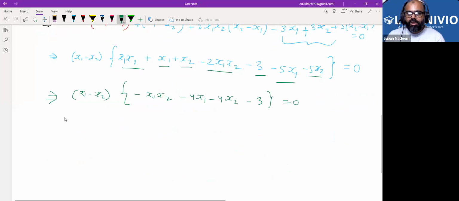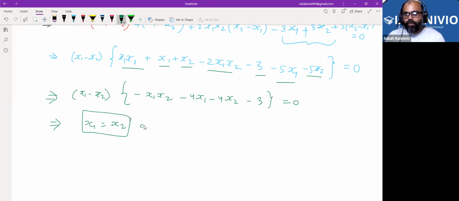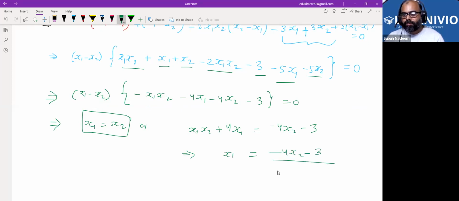Now from here we are getting x1 minus x2 equal to 0, so x1 is equal to x2. And from another one, x1 x2 plus 4 x1 is equal to minus 4 x2 minus 3. So here you can take x1 common and write x1 equal to minus 4 x2 minus 3 upon x2 plus 4.